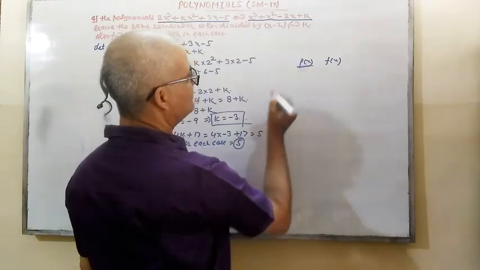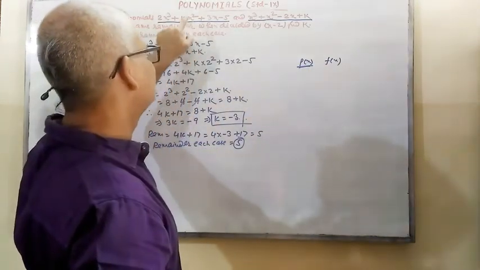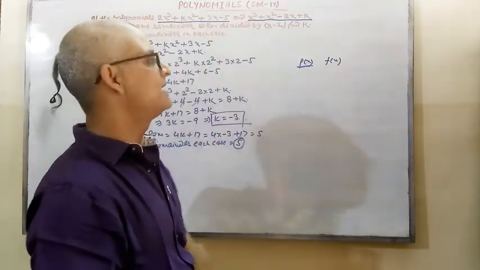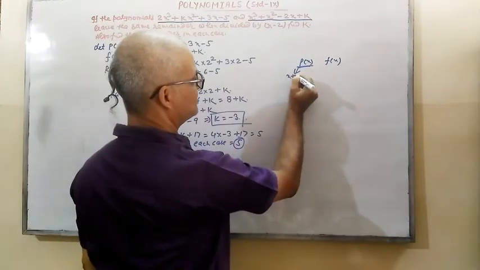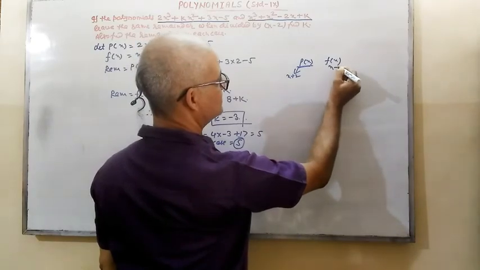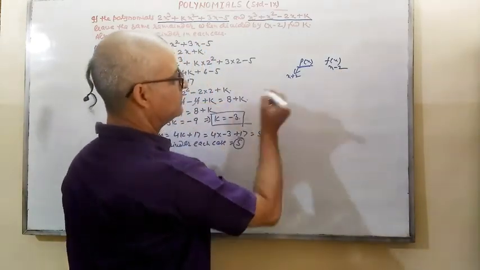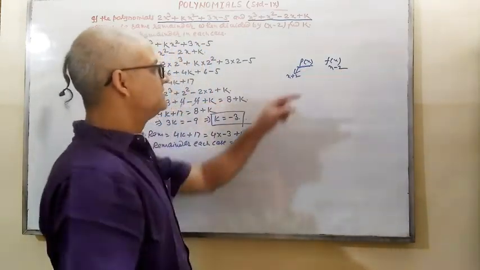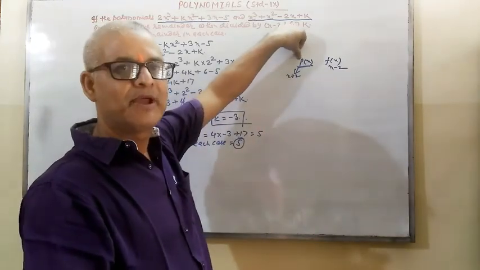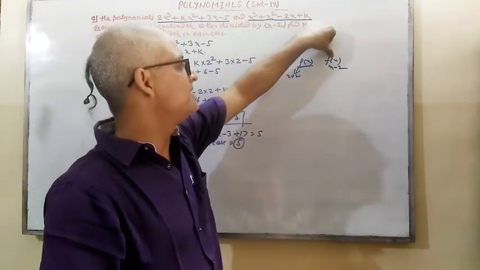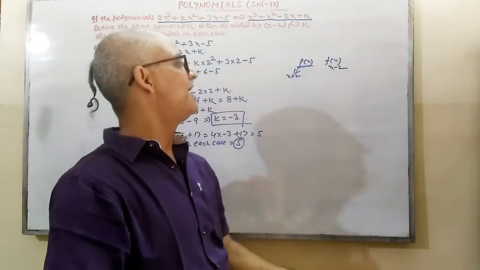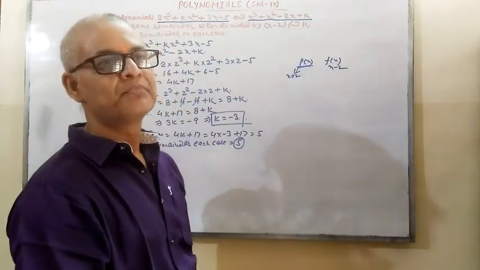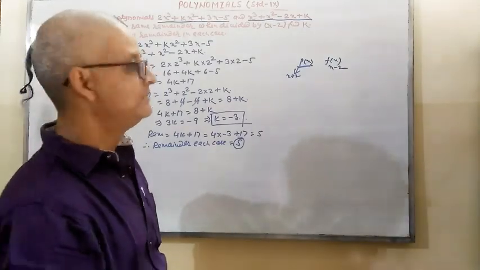Now in these polynomials, other than x, m and n are given, and the divisor is given as x plus 2 here, and here the divisor is given as x minus 2. This polynomial is given in terms of m and n. Your question is asked, what is the value of m and n?